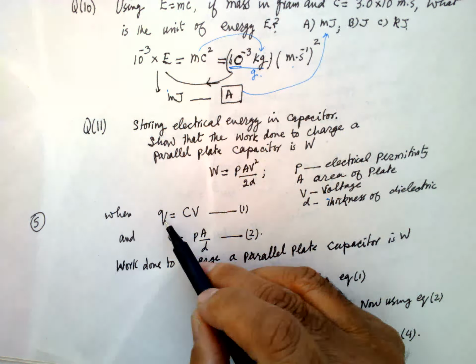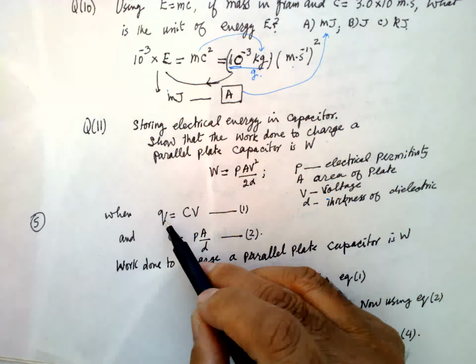Q is equal to CV, this is equation number 1, and C is equal to P area divided by thickness. So the work done to charge a parallel plate capacitor is W, W is equal to Q square over 2C. This is the third equation.